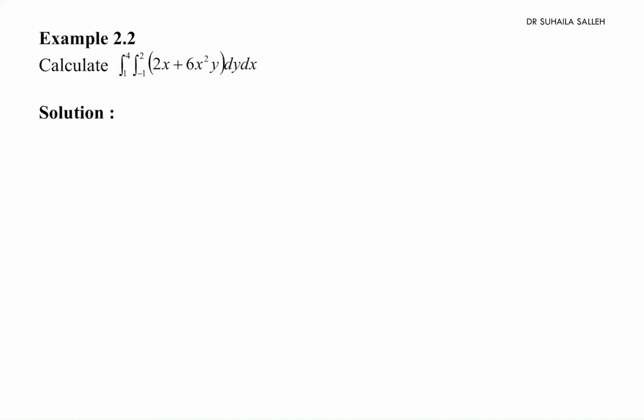So I can change that. Let us just solve this. Our question is the integral from 1 to 4 of the integral from minus 1 to 2 of (2x plus 6x squared y) dy dx.